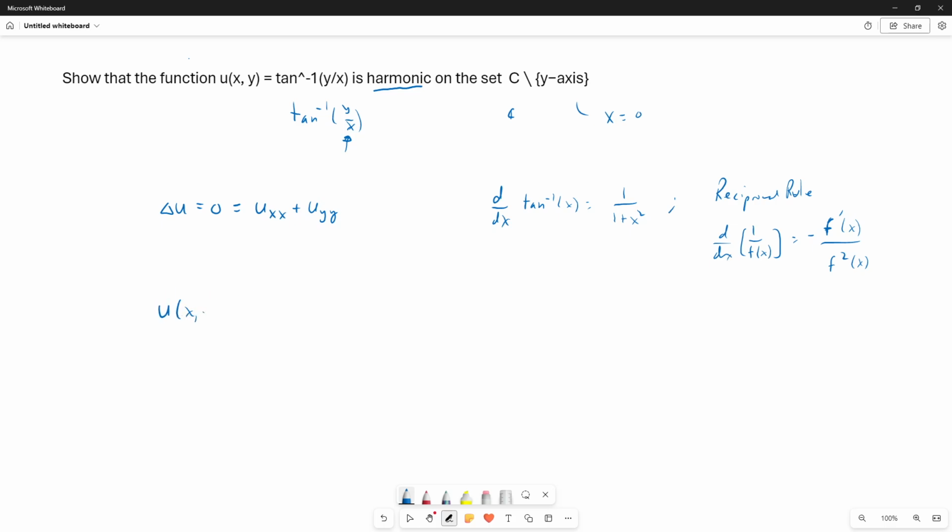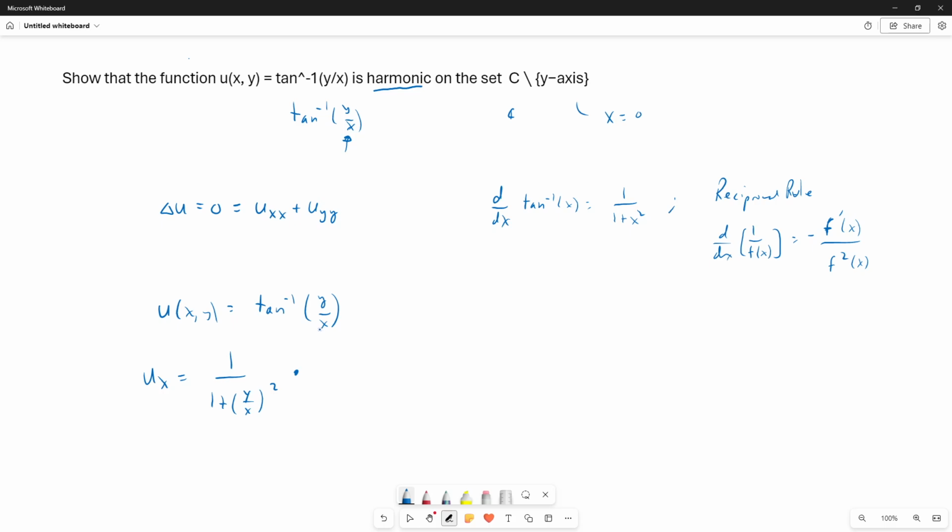Again, u of x, y is equal to the inverse tangent of y over x. So u sub x, the partial derivative of u with respect to x, we're going to need the chain rule. So take the derivative of the outer function, 1 over 1 plus the inside squared, so y over x, quantity squared, and then times the derivative of the inside with respect to x.